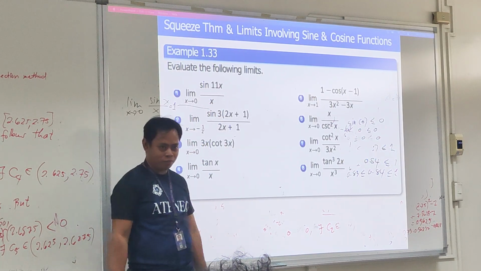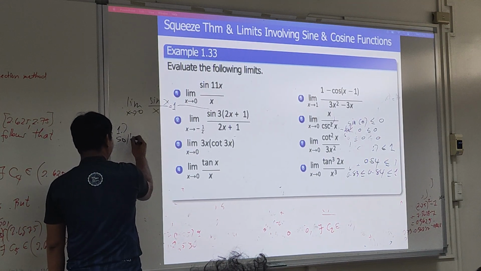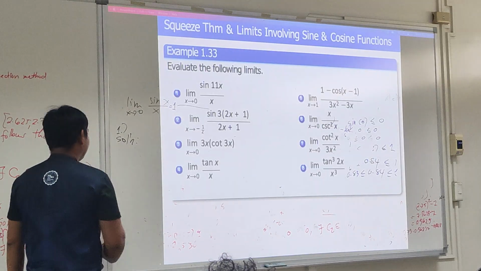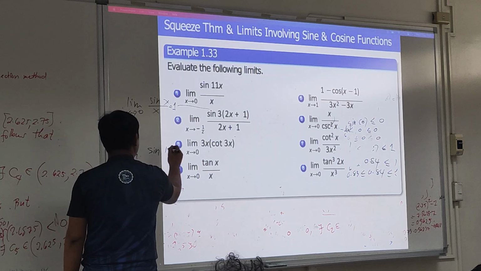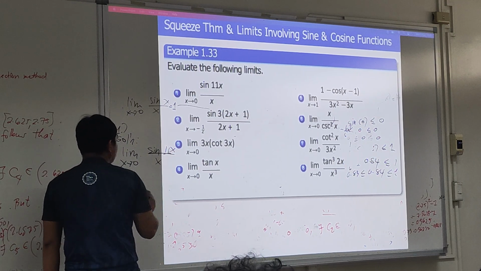So what should you do? Ignore the limit for now. So this is the limit of sine 11x divided by x as x approaches 0.